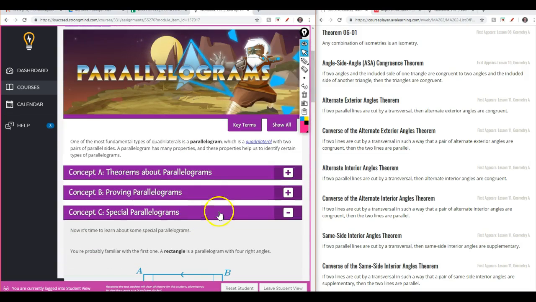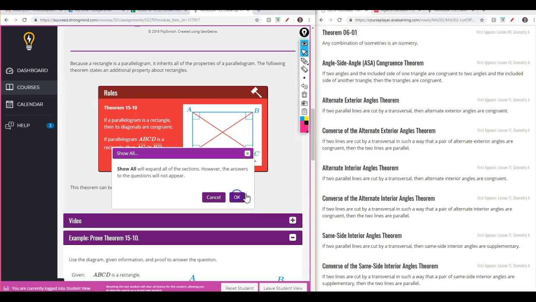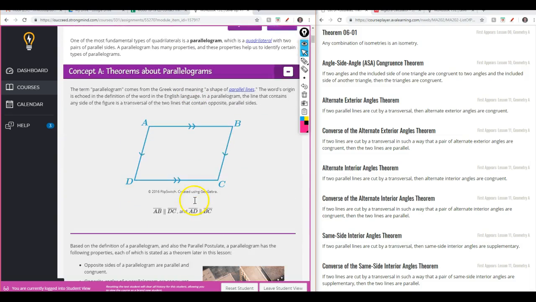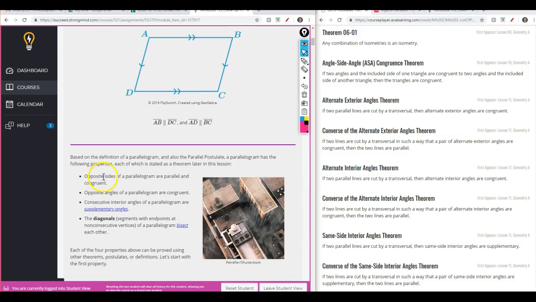Maybe it would be better if we talk about just parallelograms. Right here. So right here, opposite angles, consecutive interior angles of a parallelogram are supplementary. So right here it's listing them all out.